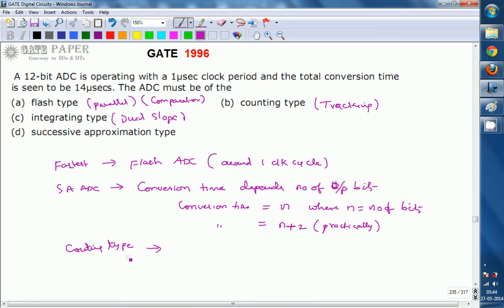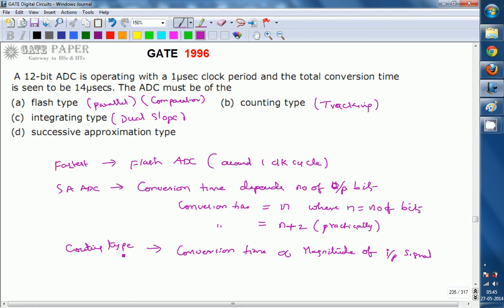It takes longer conversion time, and the conversion time is proportional to the magnitude of the input signal. If you apply a larger magnitude, it takes longer, so the conversion time is not fixed.